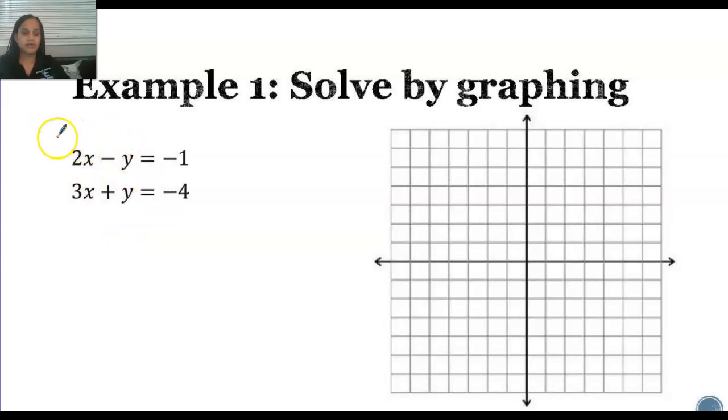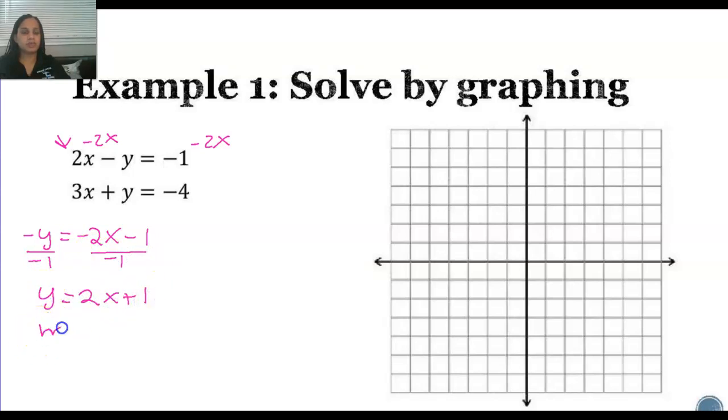I'm going to take this first equation and move the 2x by subtracting 2x on both sides. I'll be left with negative y equals negative 2x minus 1. Of course, we don't want negative y, so I'm going to divide both sides by negative 1. My slope would be 2, my y-intercept would be 1.